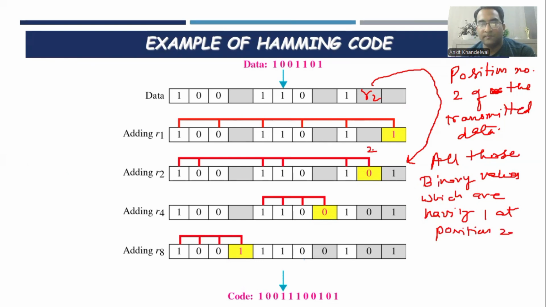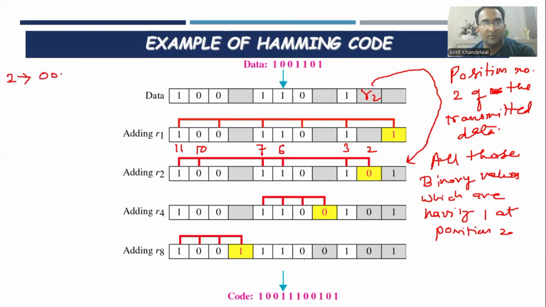Those values are 2, 3, 6, 7, 10, and 11, because all these decimal numbers are having 1 at position number 2.